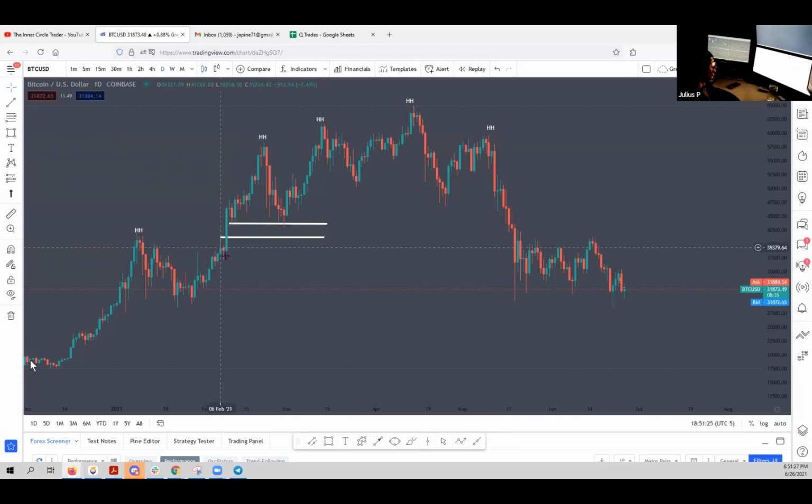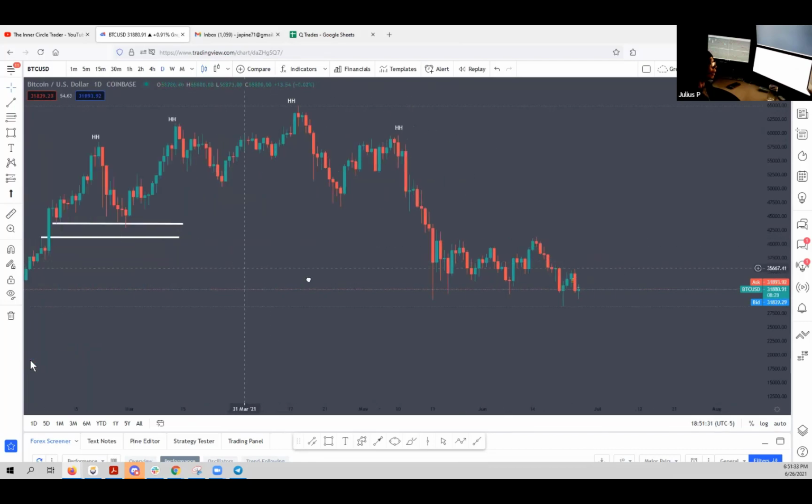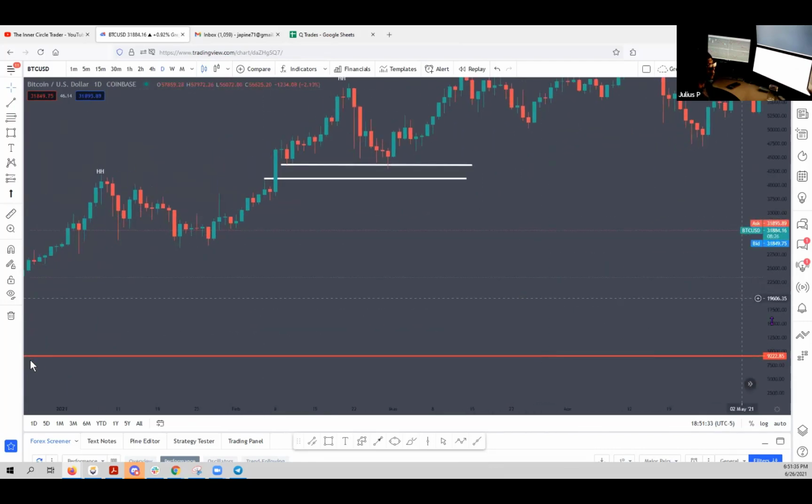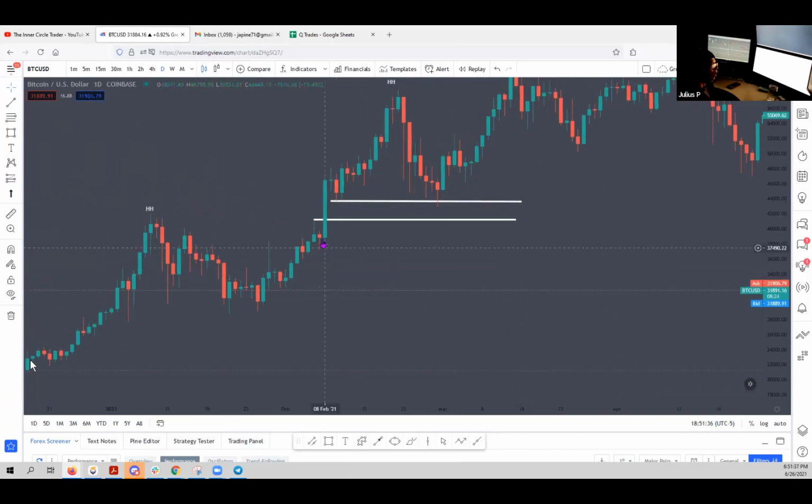And right here, we could recognize this wick. Let me blow it up. This wick tells us we had buys, and it dropped, which basically means we had sells. Came here, we had buys because of the wick, and we had sells because it dropped.